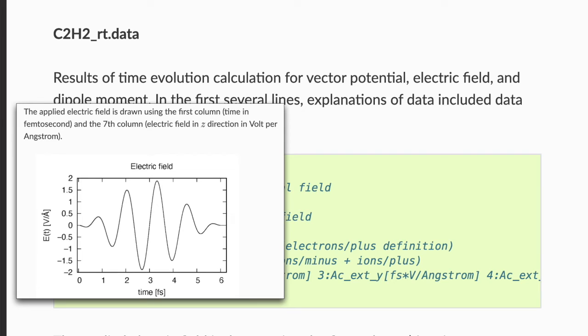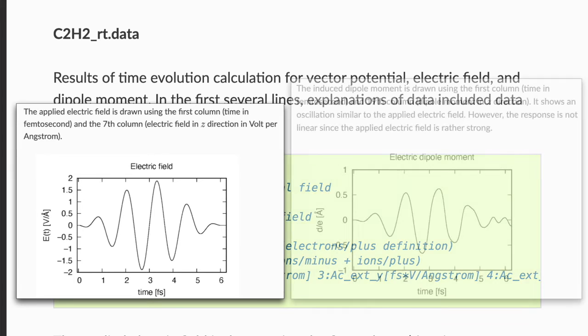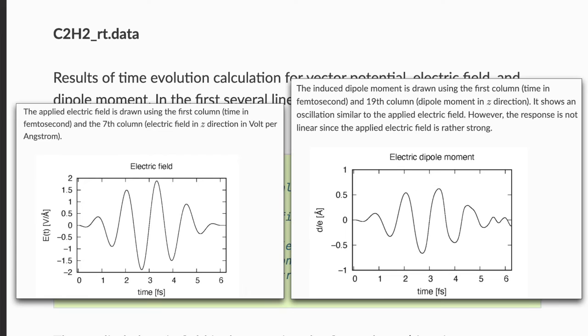Here we illustrate the figure that was drawn using the time in femtoseconds in the first column and the z component of the electric field in the 7th column. This figure was drawn using the z component of the dipole moment in the 19th column.